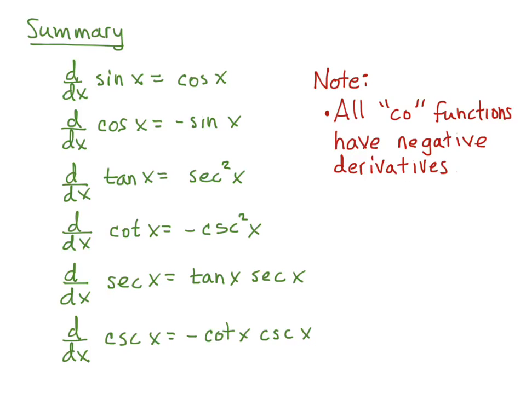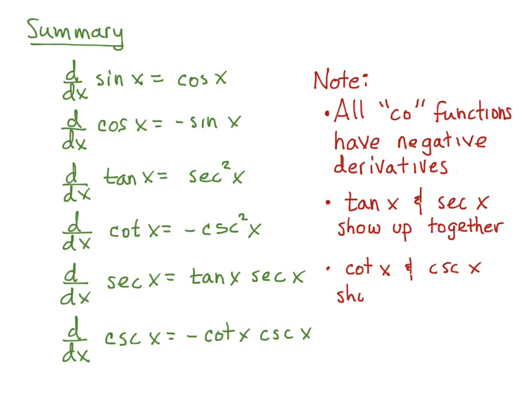All the cofunctions have negative derivatives, and the tangent and secant show up together, and so do the cotangent and cosecant. They show up together. And you do have to have this table memorized. So once you get some practice, it's not too bad. Okay, so let's kind of forge ahead, unless there's some questions.